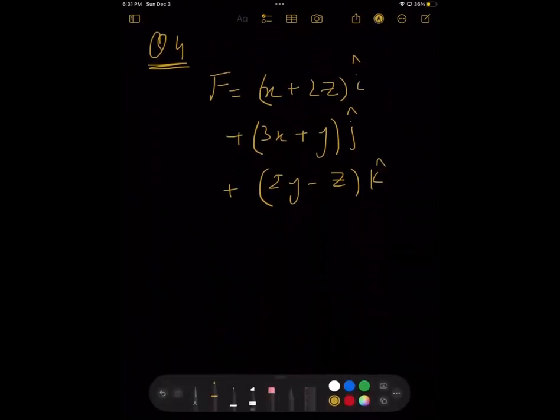So let me write first the plane: x plus y plus z minus 1. Okay, this is our curve. So if I look at it, this is x, y, z.